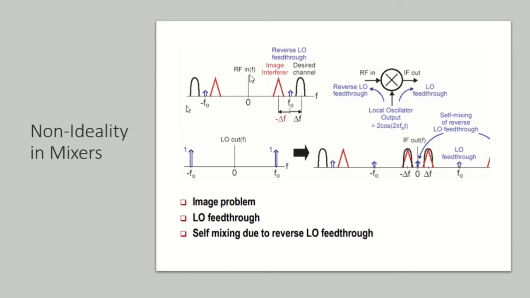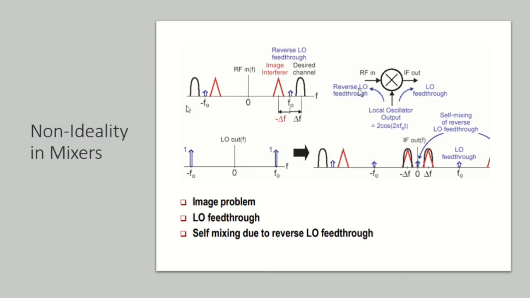So first kali kita akan dapat image interferer dekat RF ni, RF input ni, dalam input ni terus kita dah dapat image interferer disebabkan oleh reverse LO feedback. So untuk LO ni, walaupun dia input di sini, tapi feedback ni boleh pergi kepada IF dan juga kepada RF.